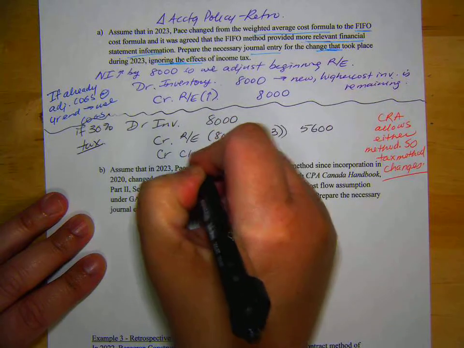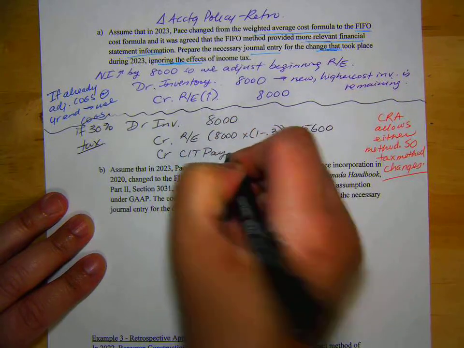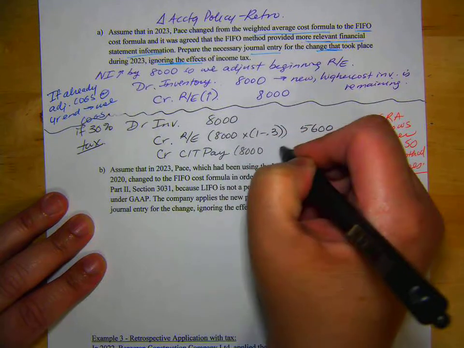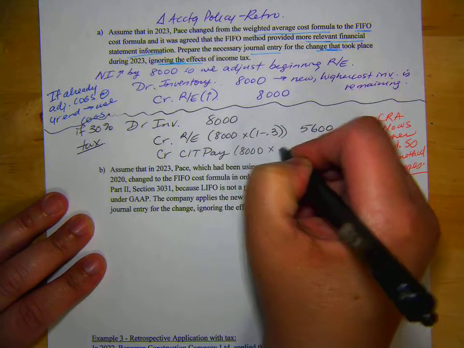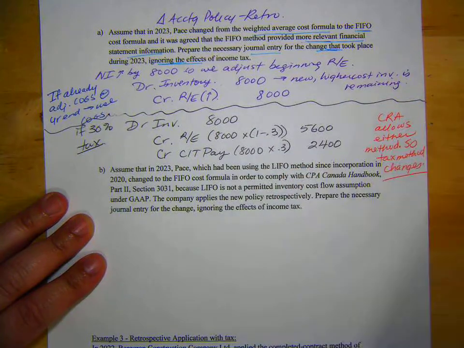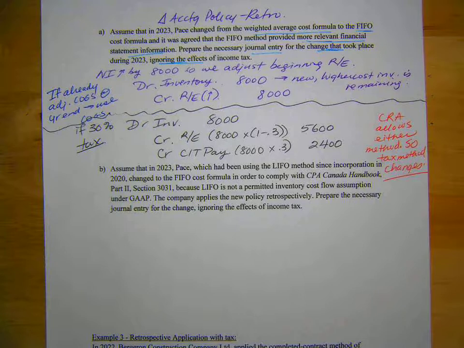And you would credit CIT payable for what's left over, or 8,000 times 0.3, the tax part, which is 2,400. So you will see CIT payable pretty much changing. I'm trying to think. There could be other examples because the text covers a lot of them. But generally, it's going to be only with the inventory ones. Okay?